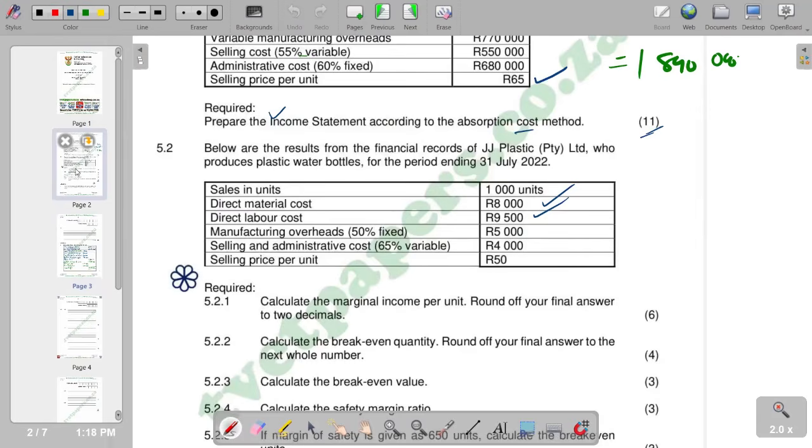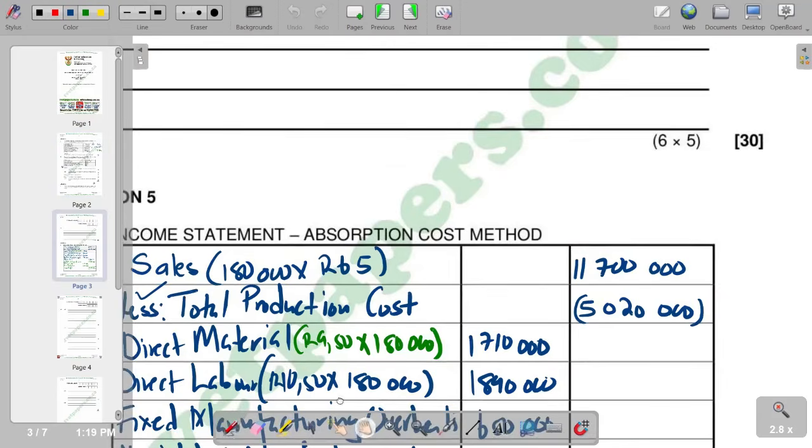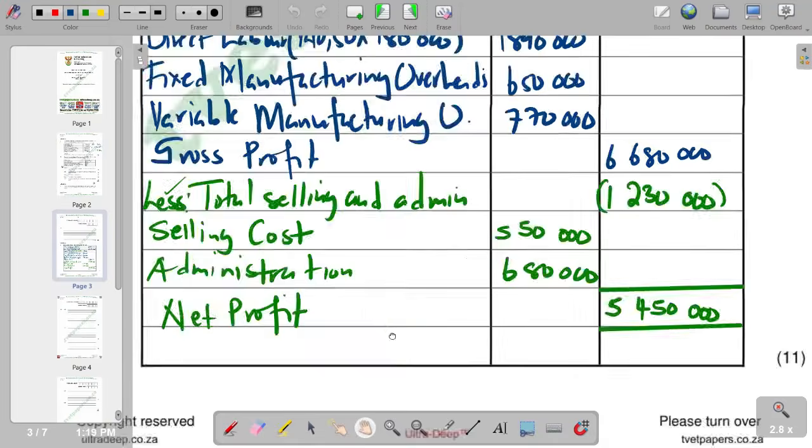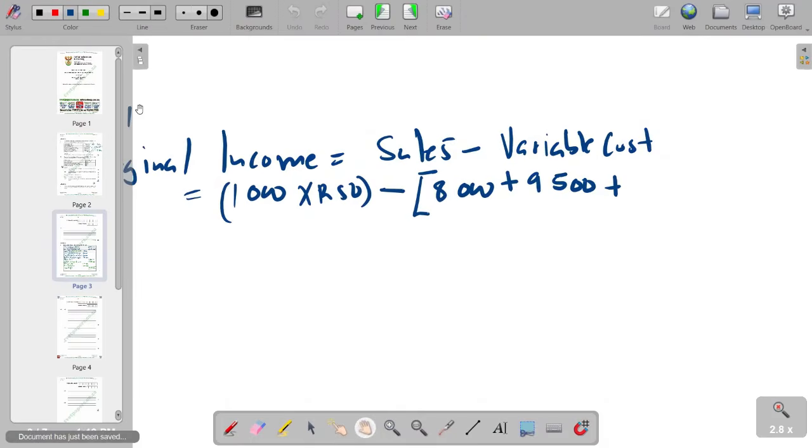If you go down, you'd see that we are given manufacturing overheads fixed is 50%, which is 5,000. So the variable is going to be the remainder, 50%. So if 50% is equal to 5,000, then the other 50% is also equal to 5,000. So as simple as that. So we take our 5,000 and add it again.